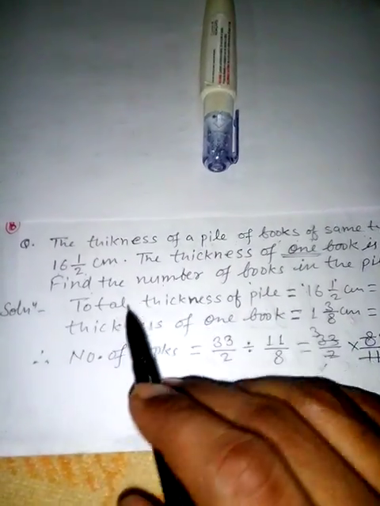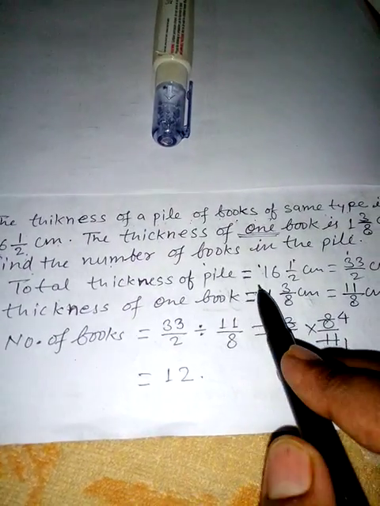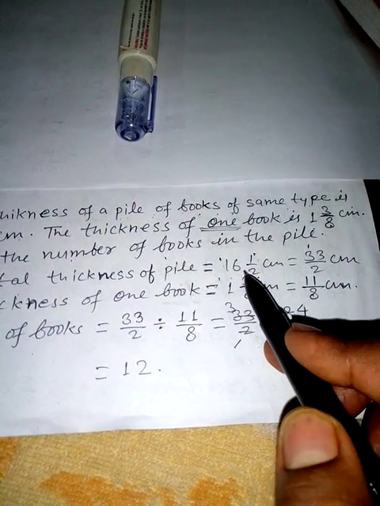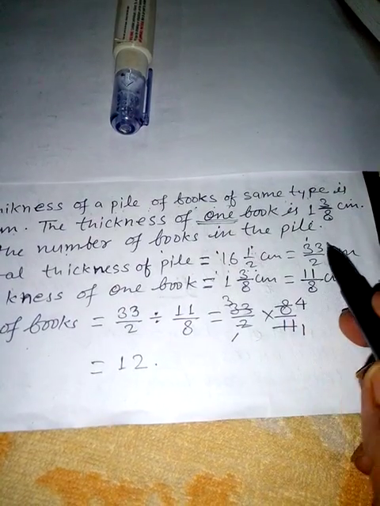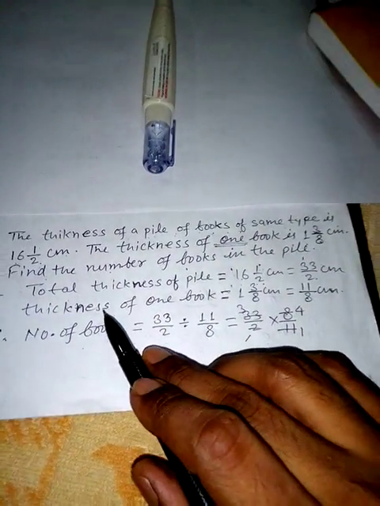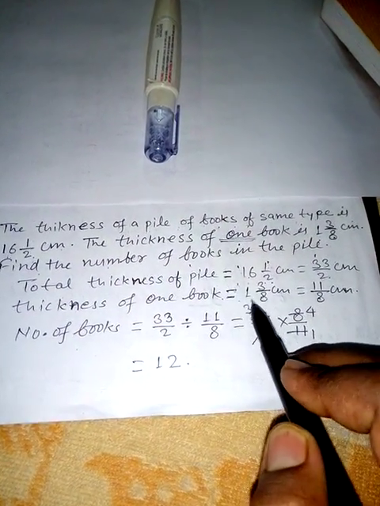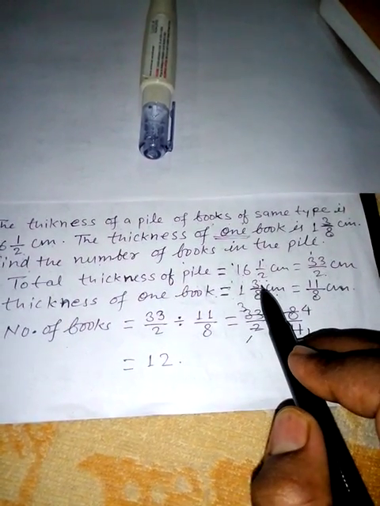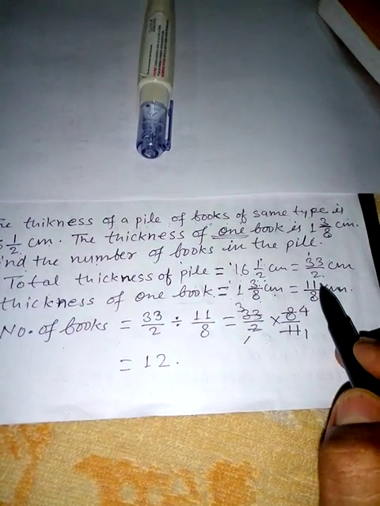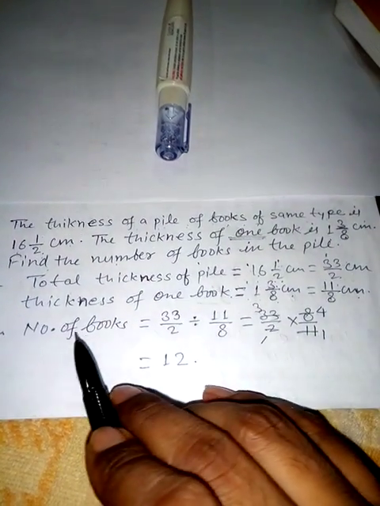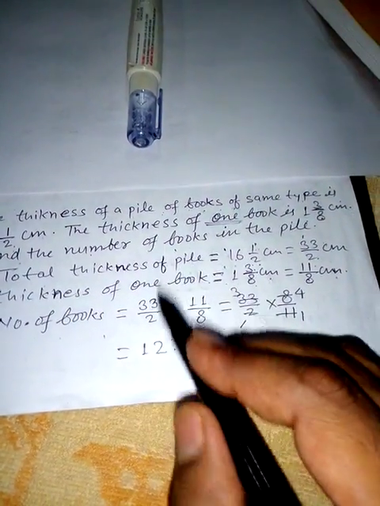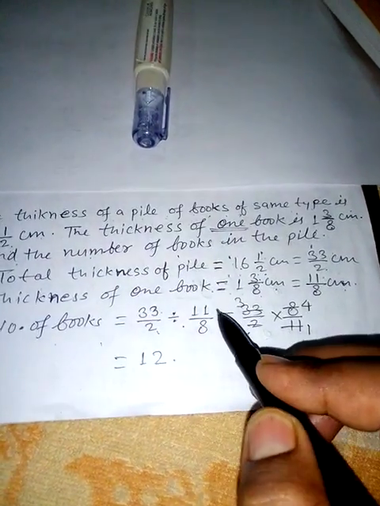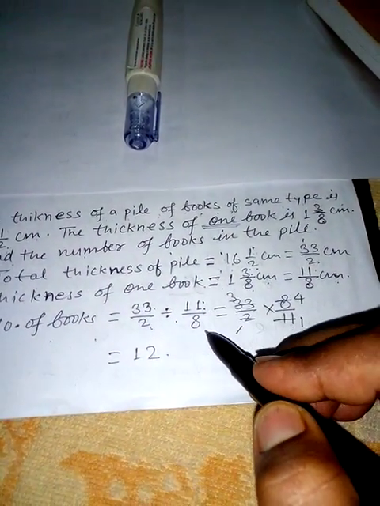Now you can see the total thickness of the pile is 16 whole 1 by 2 centimeter. It means 16 twos are 32 plus 1, 33 by 2 centimeter. And the thickness of one book equals 1 whole 3 by 8 centimeter, that is 8 plus 3, 11 by 8 centimeter. Now the number of books equals total thickness 33 by 2 divided by the thickness of one book, that is 11 by 8.